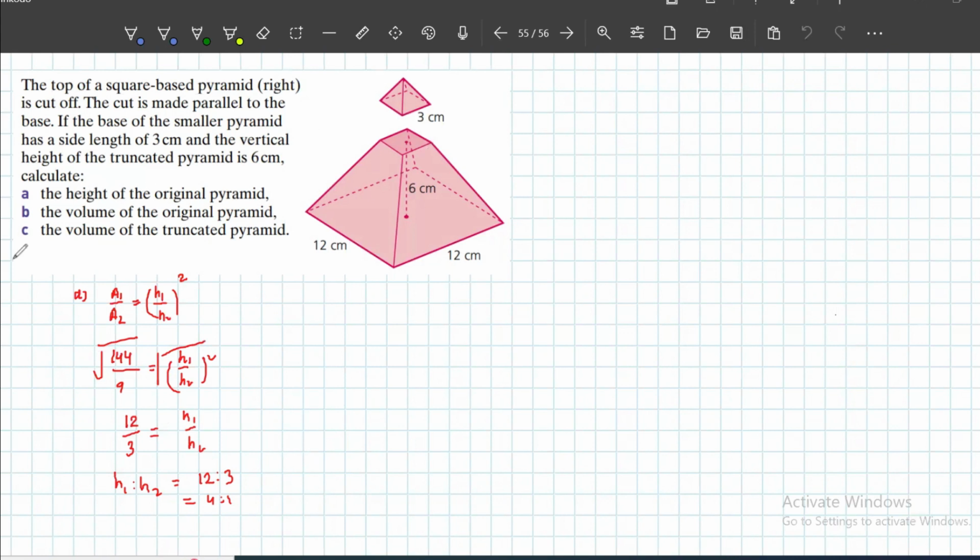Now, the height of the smaller pyramid we don't know, so we can consider this height as x. Then the total height would be 6 plus x.